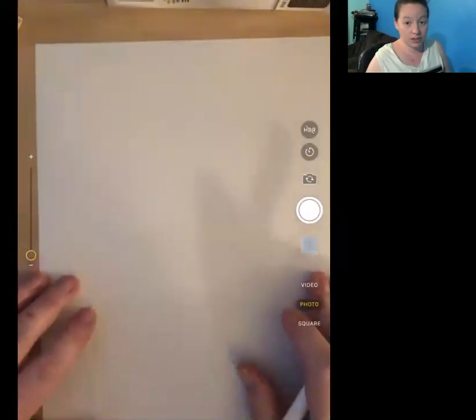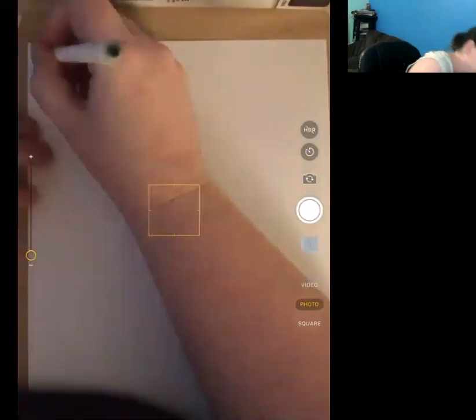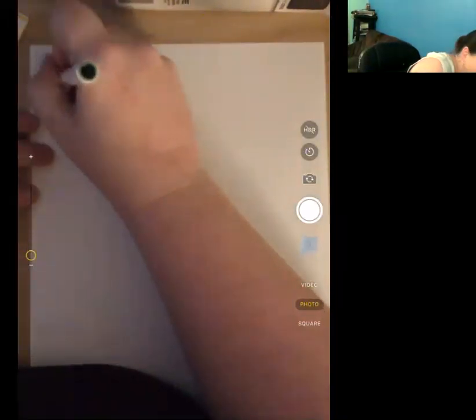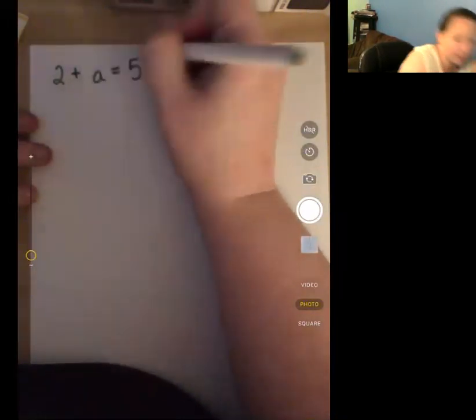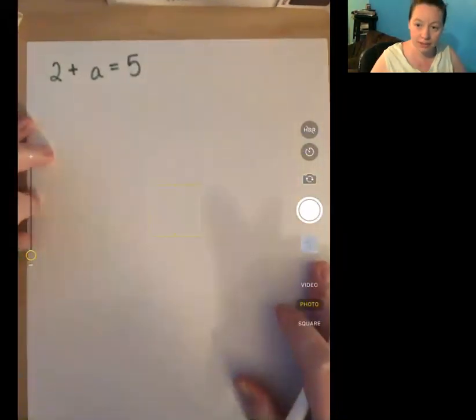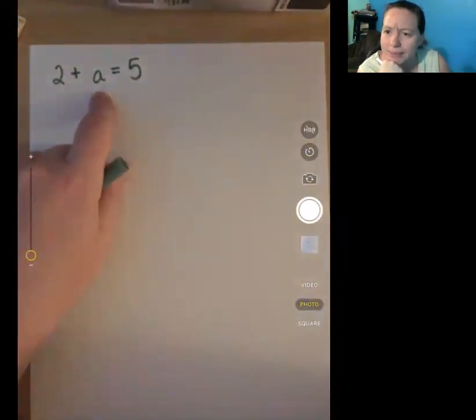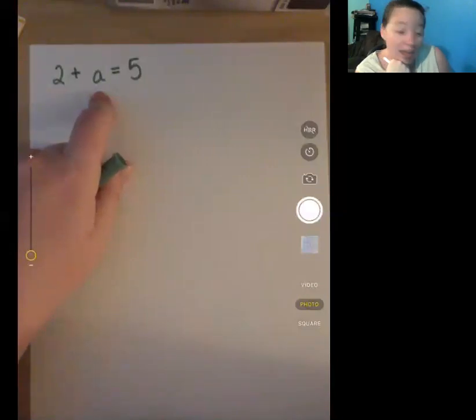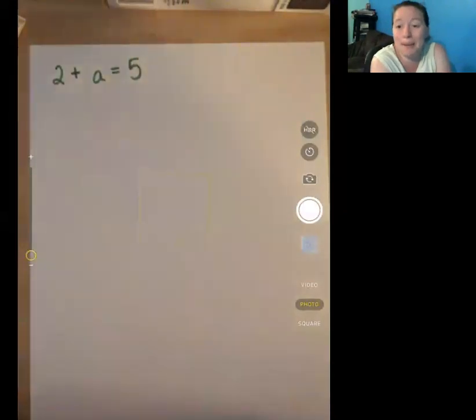All right, so we sometimes get this. 2 plus a is equal to 5. All right? The a is second. My variable is second. What am I supposed to do now? Well, I still need the same thing. I still need to get rid of that 2 because that 2 is still bugging it.